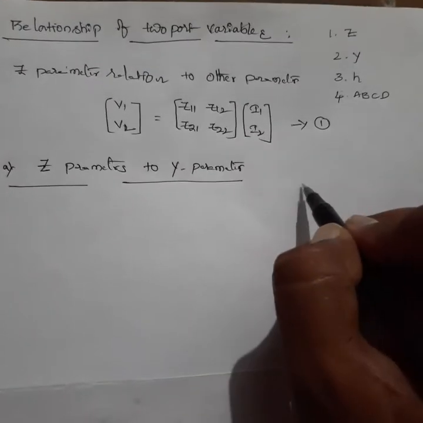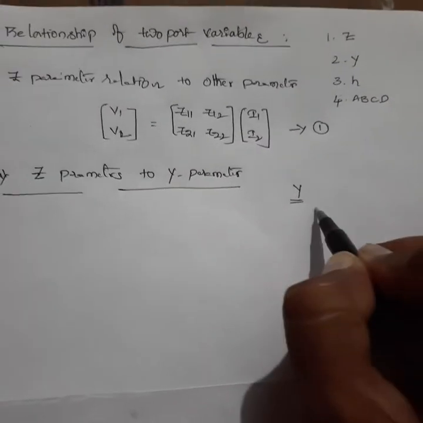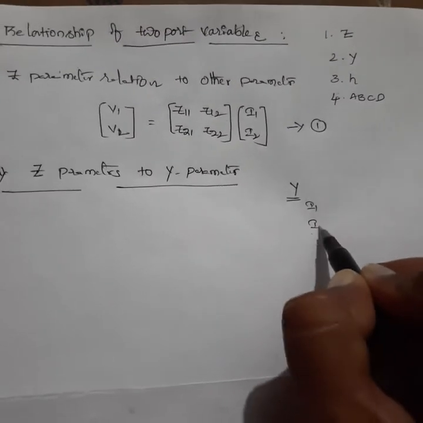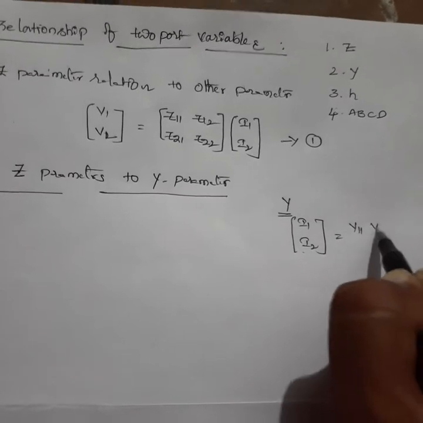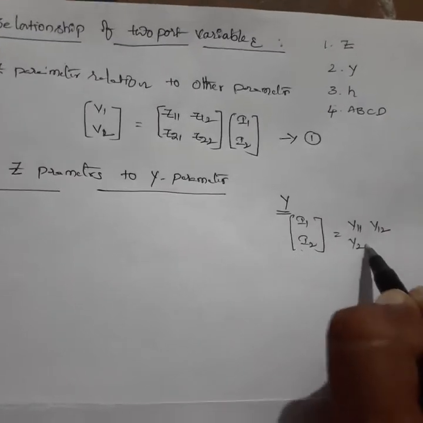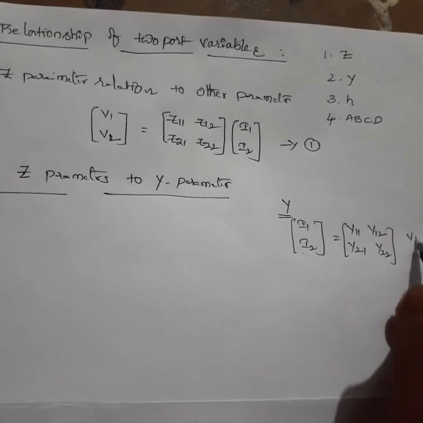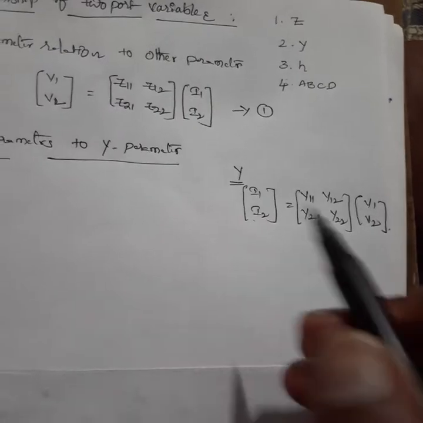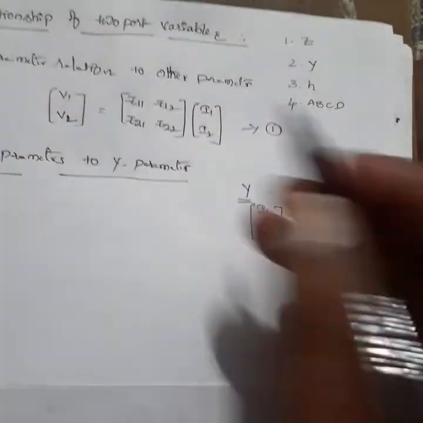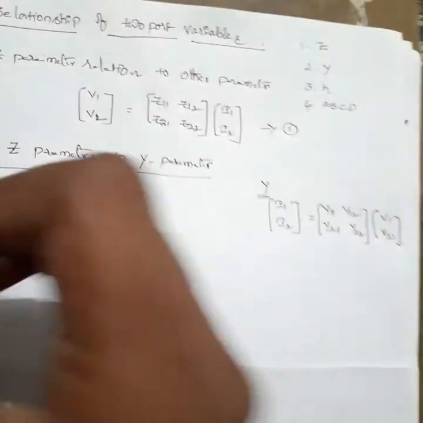The Y parameters are written as [I1 I2] equals [Y11 Y12; Y21 Y22] times [V1 V2]. This is the Y parameters. So from equation 1 we bring the Y parameters like this.